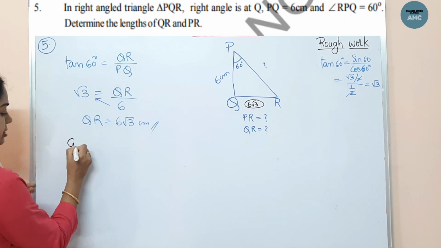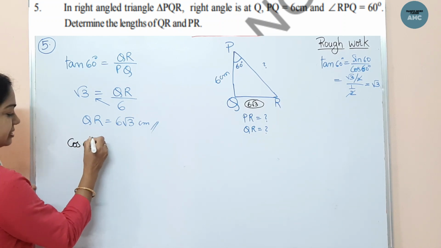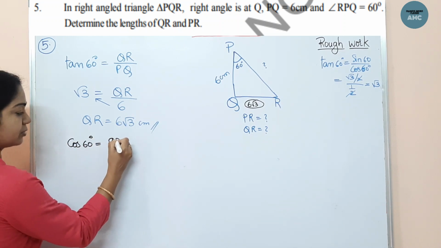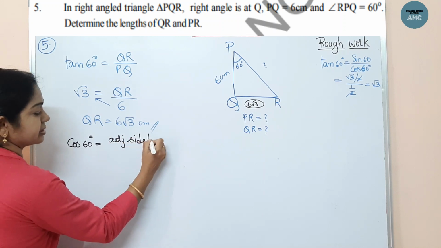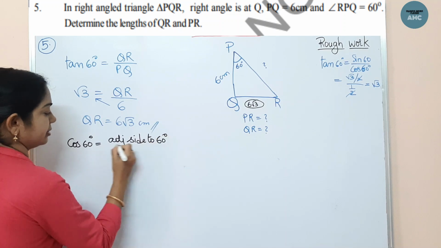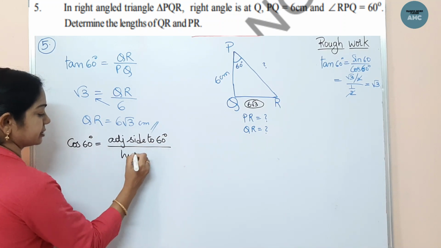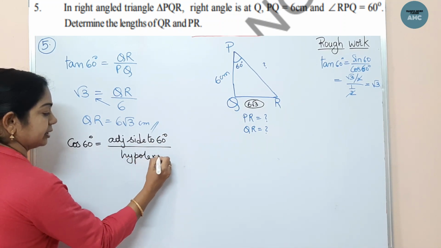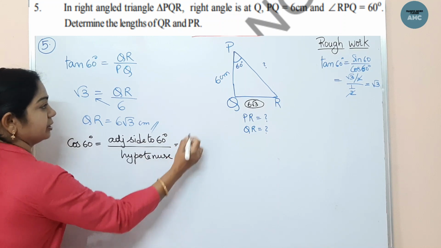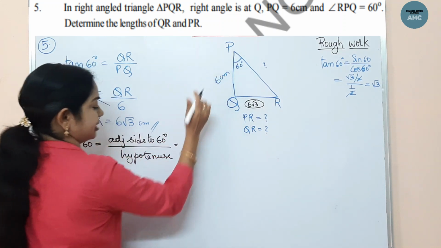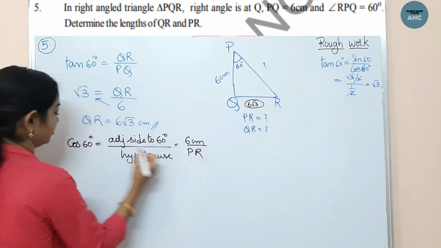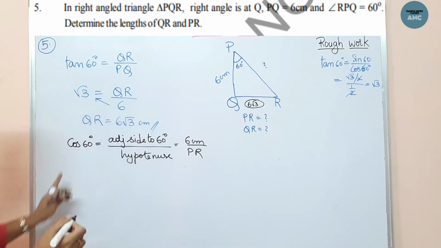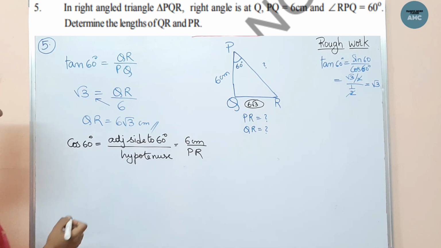Let's take cos. Cos 60 degrees is equal to the adjacent side to 60 divided by the hypotenuse. Now, adjacent to 60 is 6 centimeters. The hypotenuse is PR. Now, cos 60 degrees, the complementary angle for cos is sine 30, isn't it?